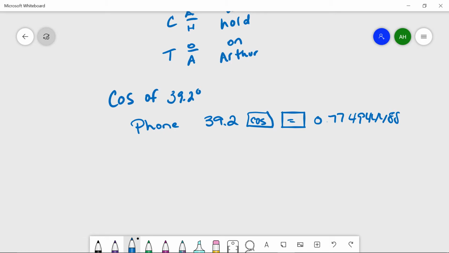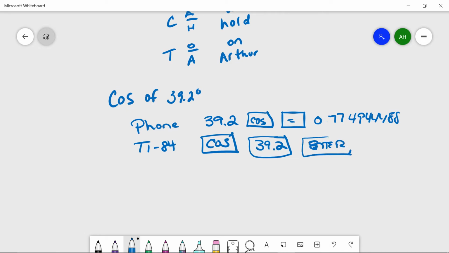Okay, but I have a TI 84. On that calculator, I have to actually hit the cosine button first. Then I key in 39.2. Then I hit the enter button.